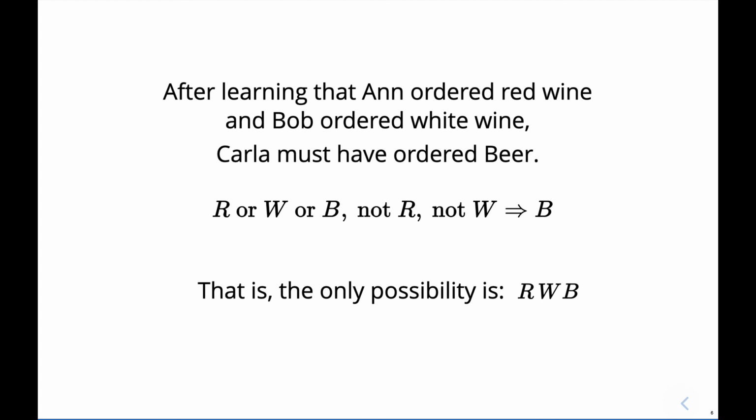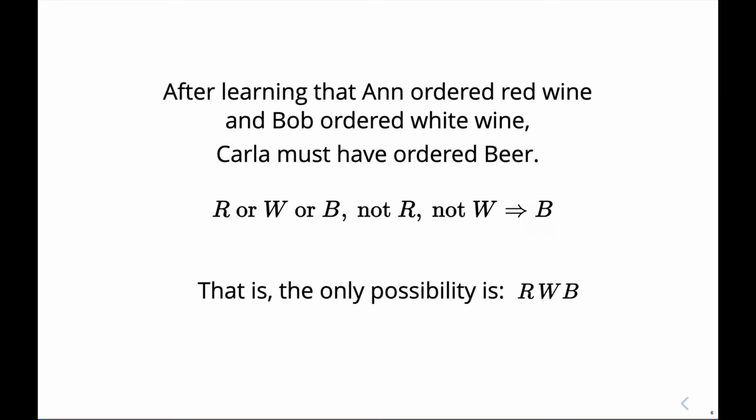Now, to summarize, we learned that after learning that Anne ordered red wine and Bob ordered white wine, the waiter infers or concludes that Carla must have ordered a beer. And we can represent schematically this inference that the waiter draws as follows. We can say R or W or B, not R, not W, so therefore B. That is, this is the inference the waiter makes about the drink that Carla ordered.